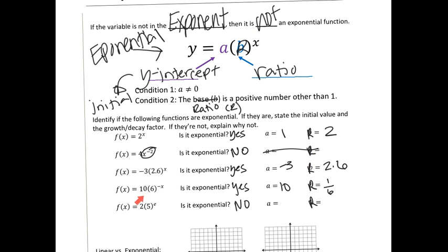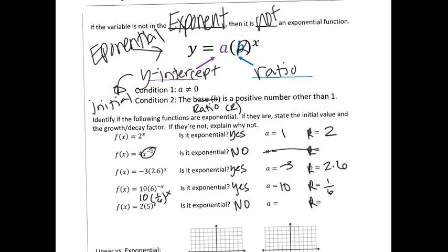Number 4: 10 is your y-intercept, or your a value, and your ratio is actually 1/6, because remember, a negative exponent tells you to flip your base, so it becomes 10 times 1/6 to the x power.